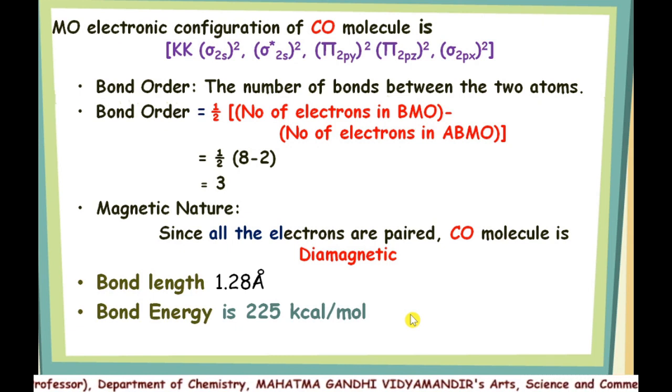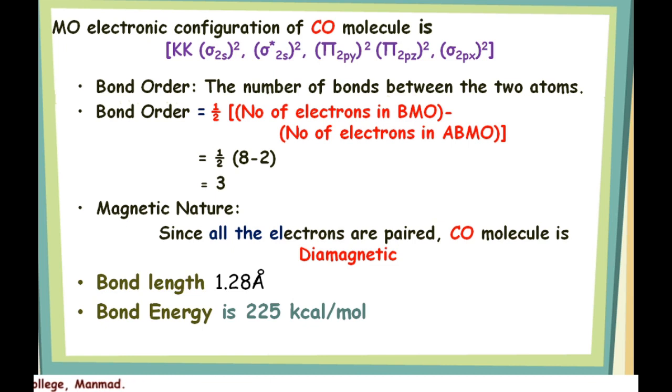So this is the formation of the heteronuclear diatomic molecule CO. In this video lecture, we have seen the formation of the F2 molecule, and also the formation of heteronuclear diatomic molecules including HCl, HF, CO, NO.